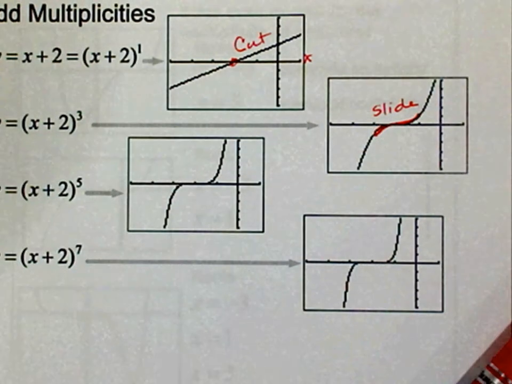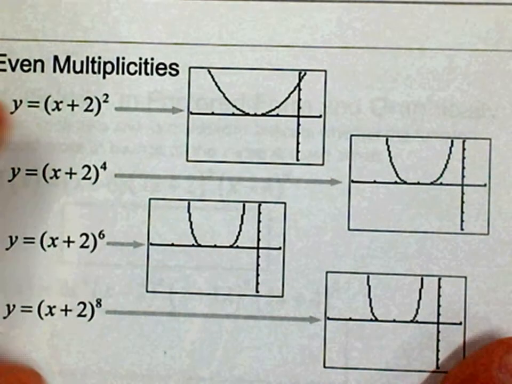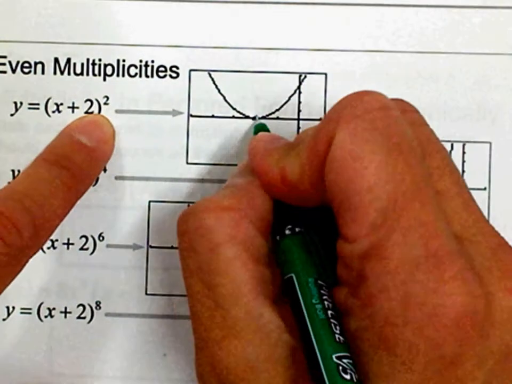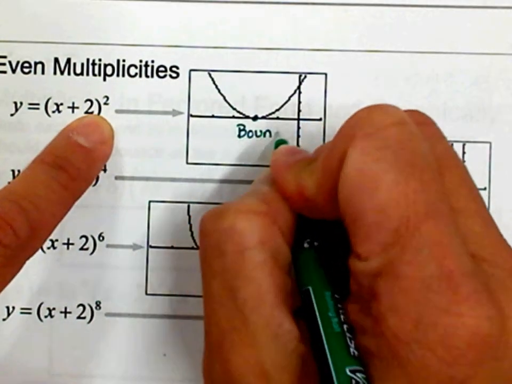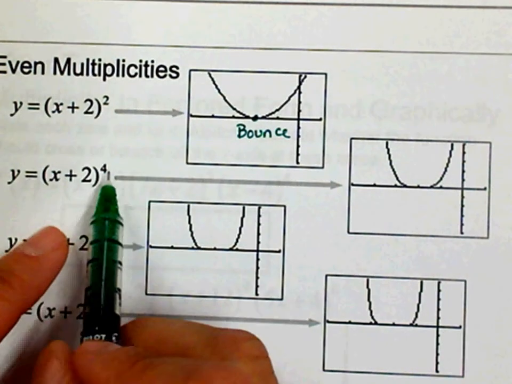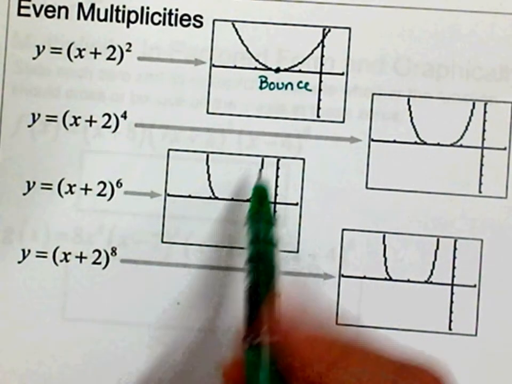What if it's an even multiplicity? 2. It's a bounce. This is called a bounce. You hit the x-axis, you go back up. Or you can hit the x-axis and you go back down. Notice what happens when the even power goes even higher. What do you guys notice about the shape? It goes a little bit more narrow.